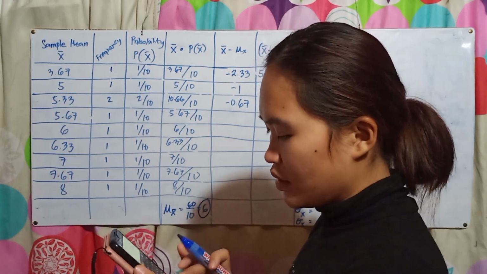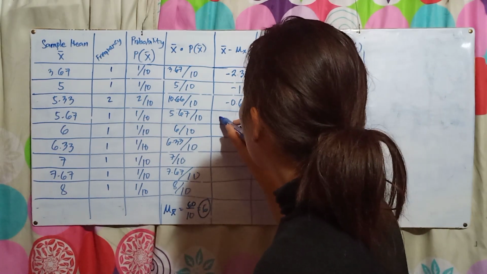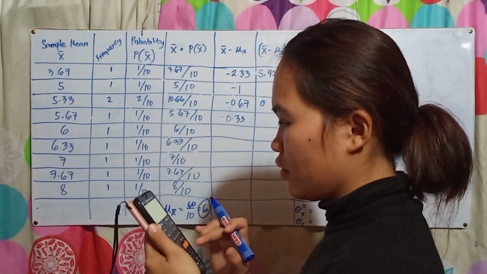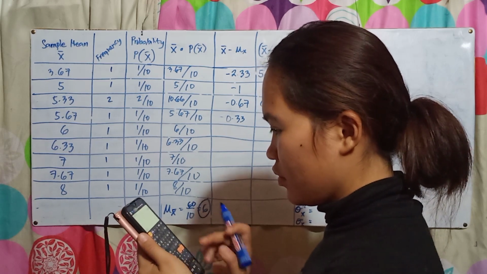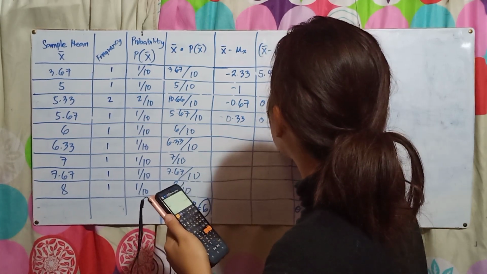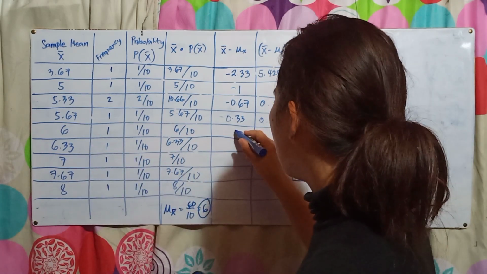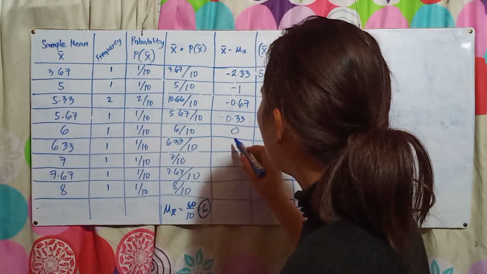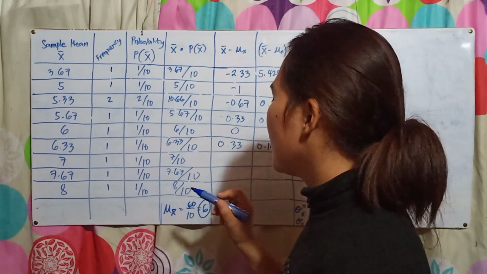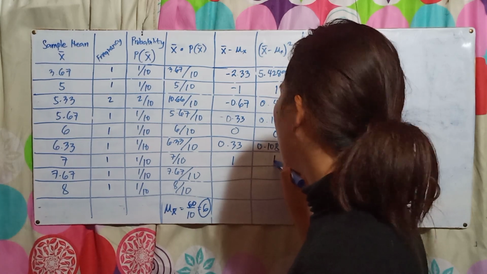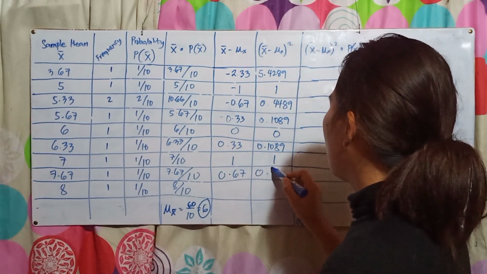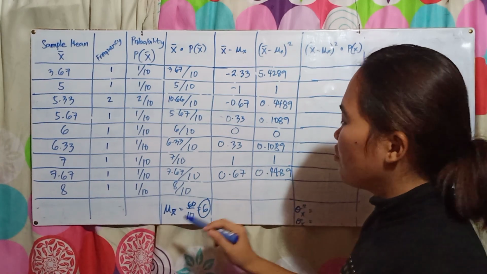Next, 5.67 minus 6 is negative 0.33, squared is 0.1089. 6 minus 6 is 0. 6.33 minus 6 is positive 0.33, same, 0.1089. 7 minus 6 is 1, so 1. 7.67 minus 6 is 0.67, same, 0.4489.